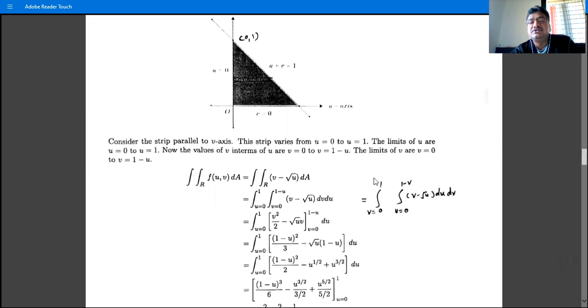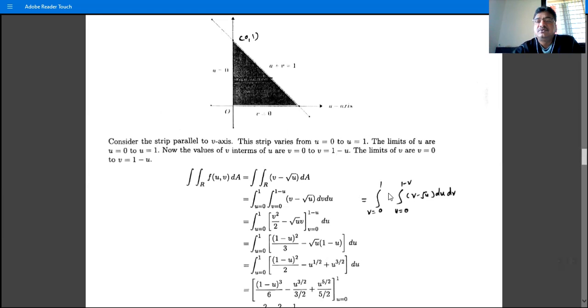So u is equal to 0 is the lower limit, and the other end touches the line u plus v is equal to 1, so u is 1 minus v, the upper limit. To cover this region, we have to move this strip from this point to this point, so v runs from 0 to 1.